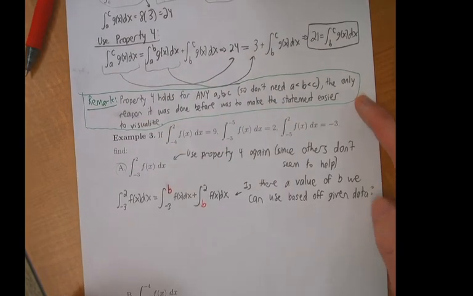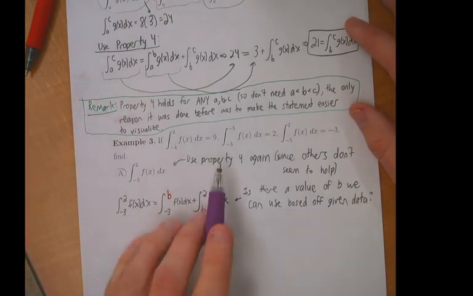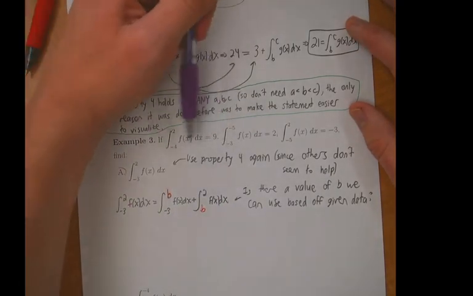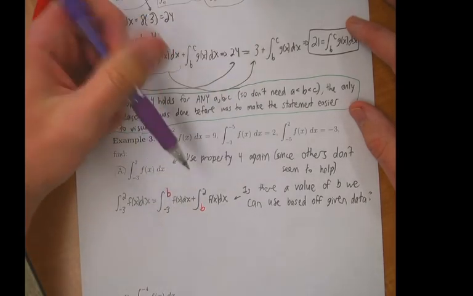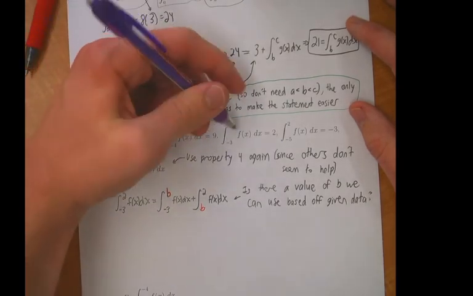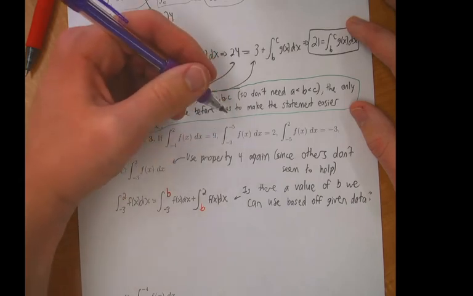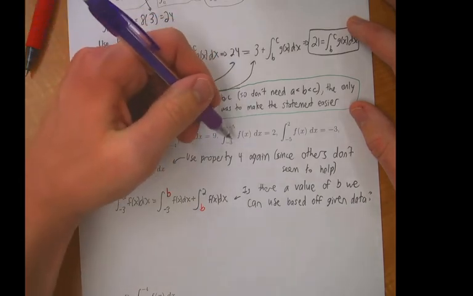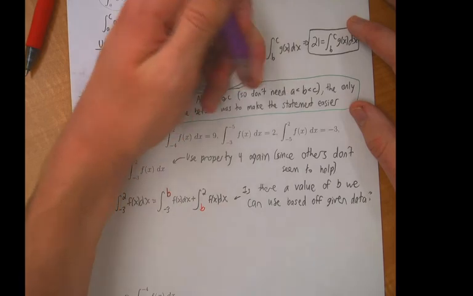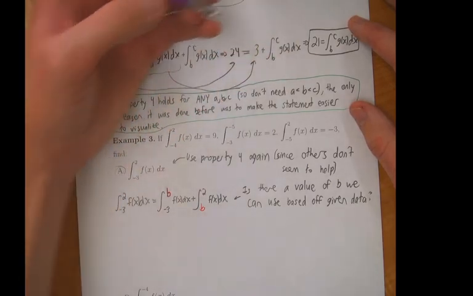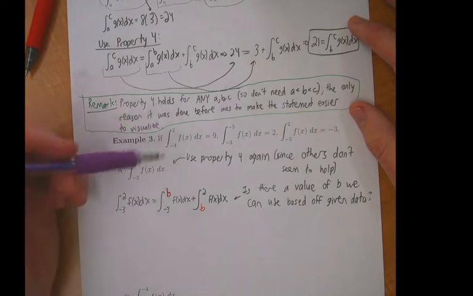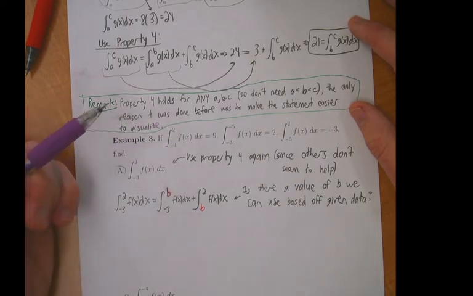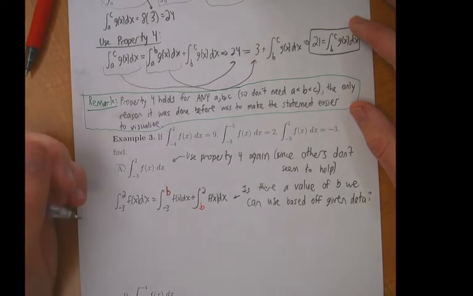Okay? So if we take a look at what's given to us, it looks like we're going to need a definite integral with one bound of -3 and another with a bound of 2. So based off of that, what value b do you think will help us out here based off of the given data?